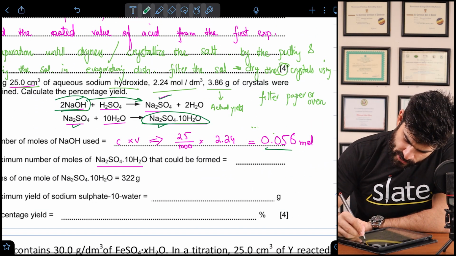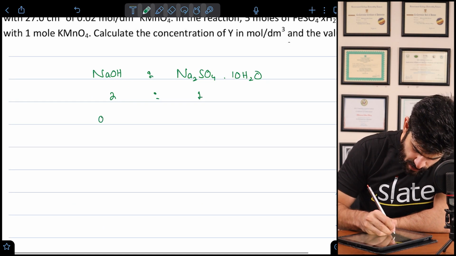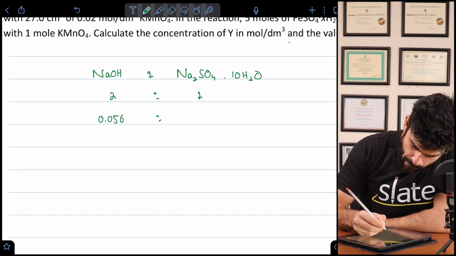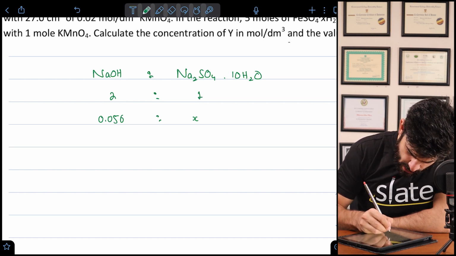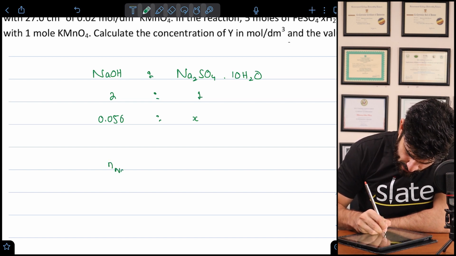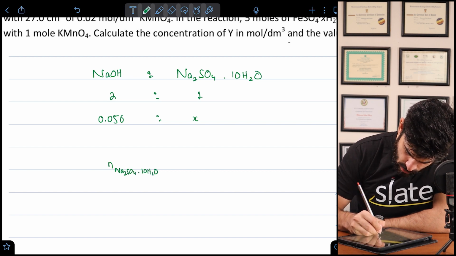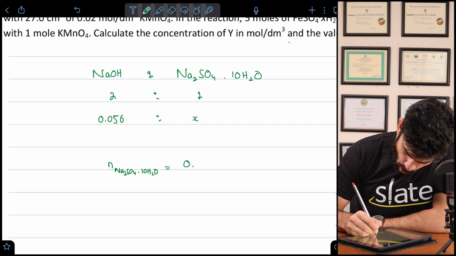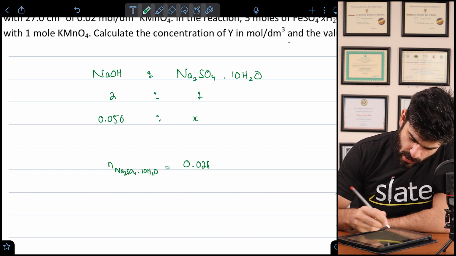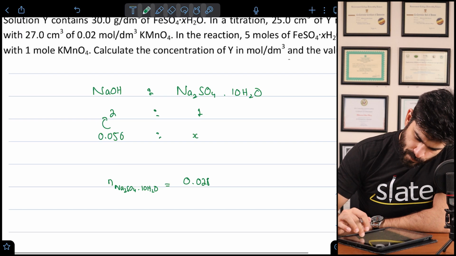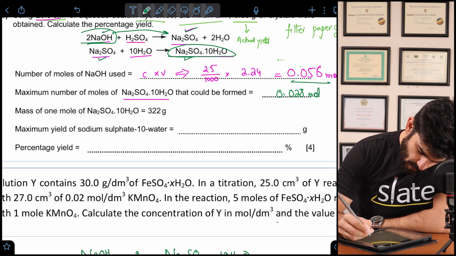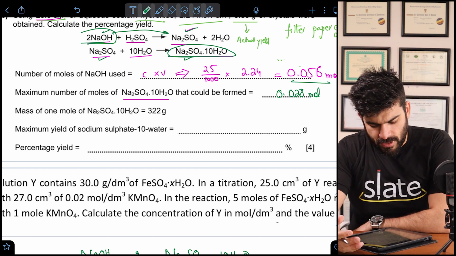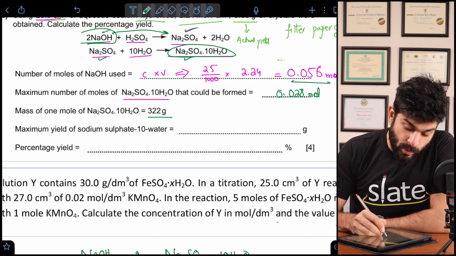How many moles of sodium hydroxide do we have? 0.056 and X. We simply do the cross multiplication and the answer turns out to be Na2SO4·10H2O equals 0.028 moles. We just divide this value by 2. So 0.028 moles. The mass of 1 mole of sodium sulfate decahydrate is 322 grams.